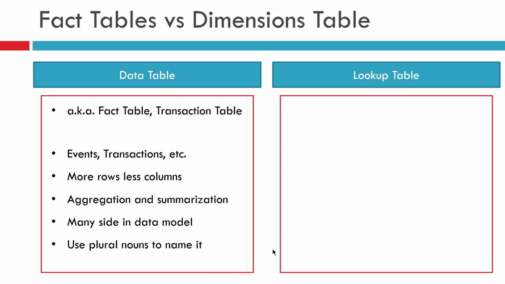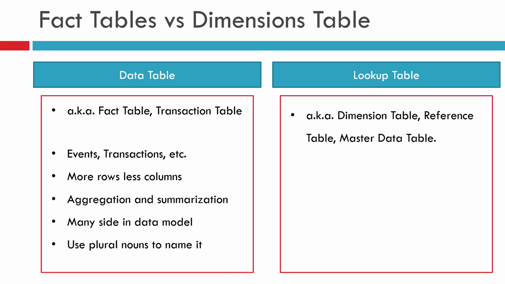So with that, now let us understand lookup tables. Lookup tables are also known as dimension tables, reference tables, master data tables, and so on. These tables contain the metadata about the objects or attributes we are going to analyze. In our previous videos, we had products, product subcategory, category, and customers tables as our lookup tables.